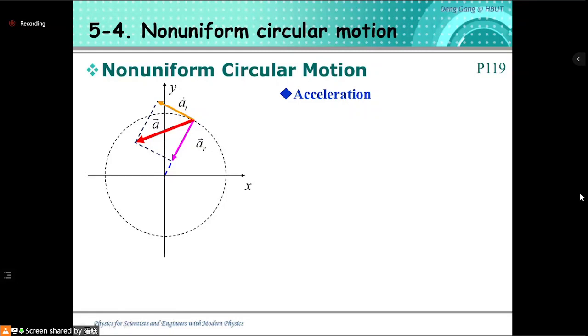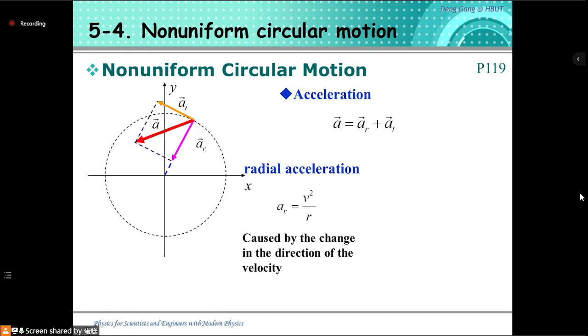The total acceleration should be equal to the vector sum of radial acceleration and tangential acceleration. The radial direction acceleration is going to change the direction of the velocity. What's the difference between this equation and the equation on the previous slide for uniform circular motion?